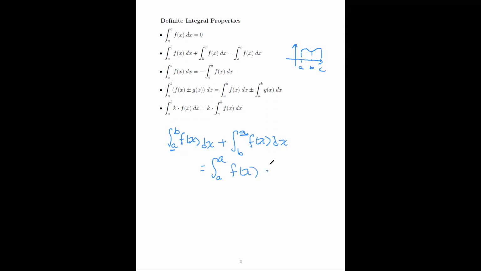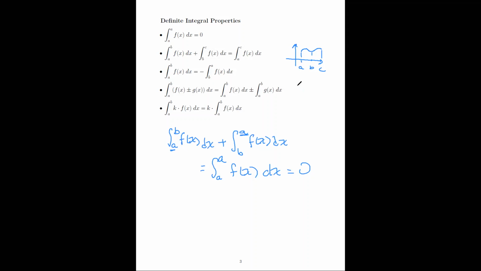But the first property says that the integral from a to a should be 0 because there's no area underneath of a single point. So in order for that to be 0, these must be opposite of each other. So you could think of subtracting this integral from a to b from both sides. So that's how we get this third property.